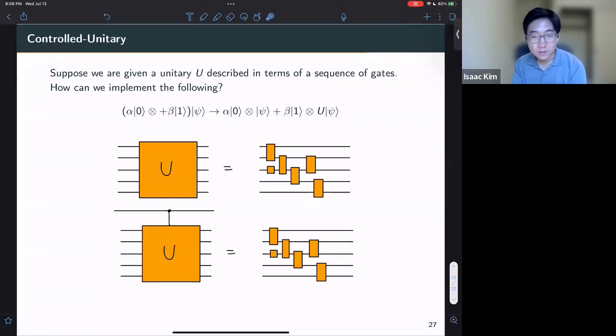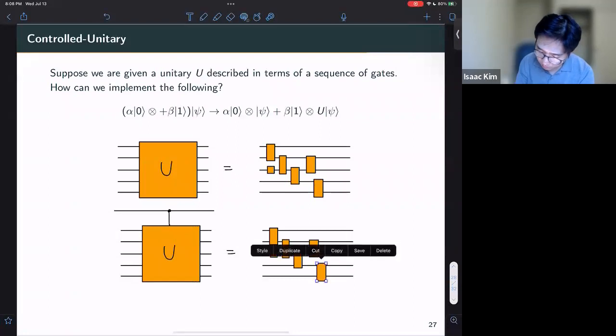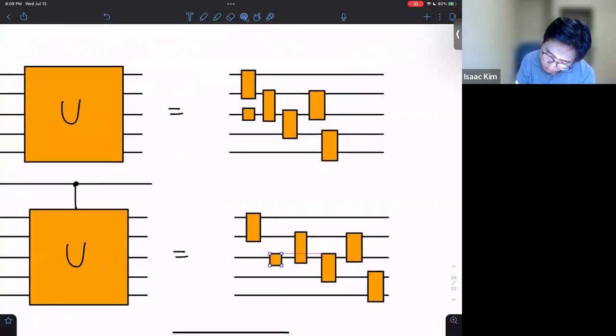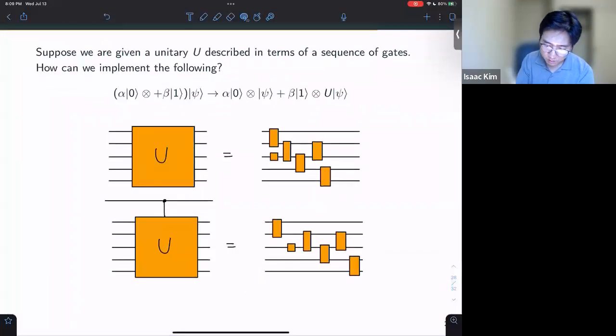The answer to this is very simple. What you simply do is change all these 1 or 2 qubit unitaries into their controlled version. Let me rearrange them a little bit so that I can draw things in a better way. So how would I do this?